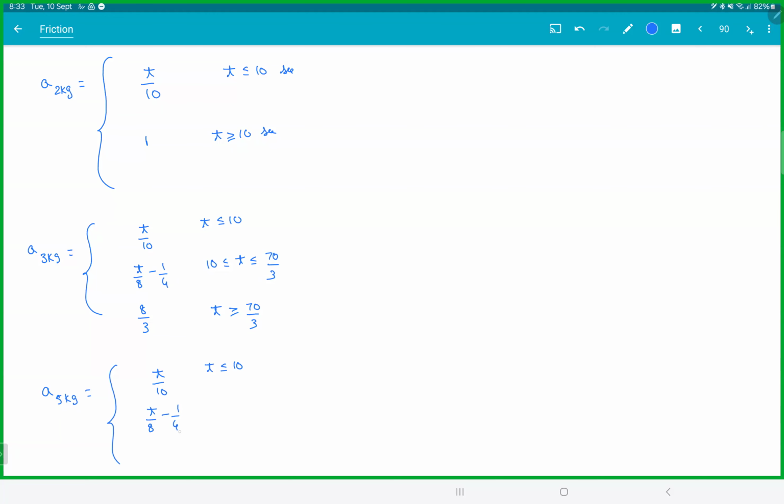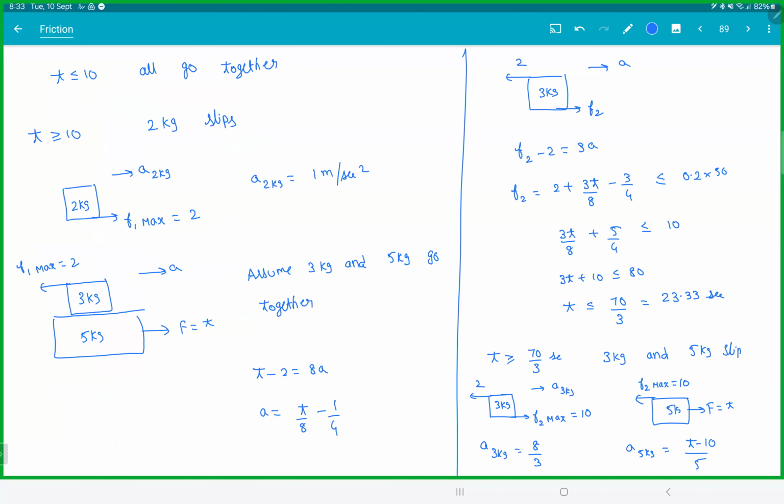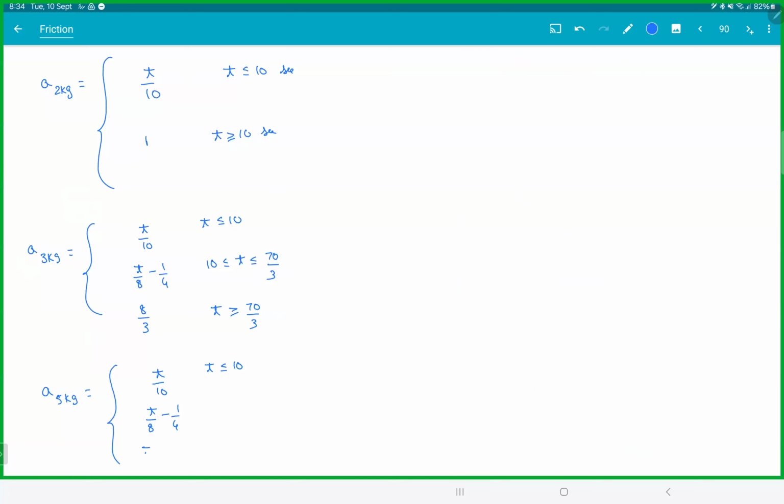T by 8 minus 1 by 4. T by 5 minus 2. Luckily, you'll always get straight lines only, as long as you give the time as t. If that is t squared, you're dead. Then you'll start getting parabolas. There. This is your final answer, acceleration in terms of time.